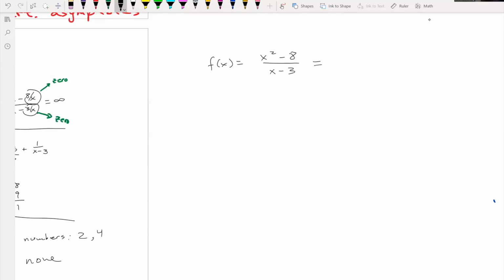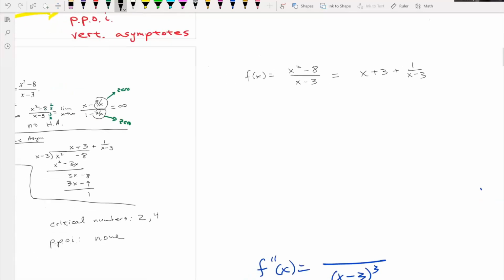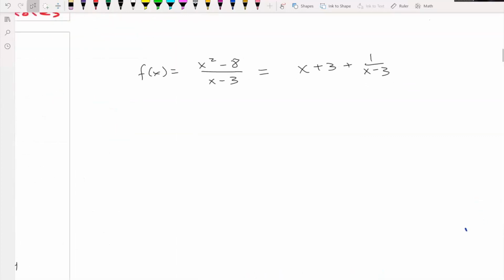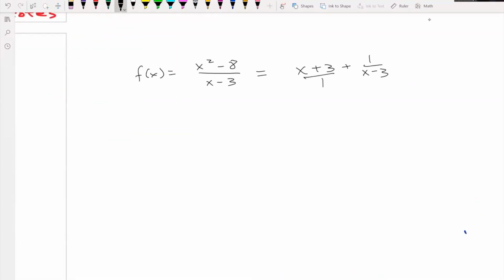And when we did our long division, we got this equaling x plus 3 plus 1 over x minus 3. Now, doing long division doesn't change the function. It's just another way of writing it, right? If you put a 1 underneath this, make common denominators, and then combine, you're going to get back to here. So these are the same thing.